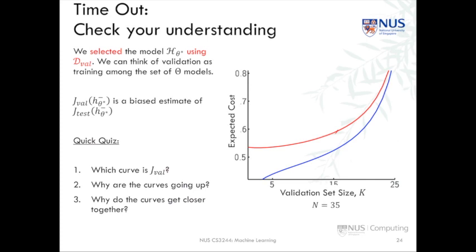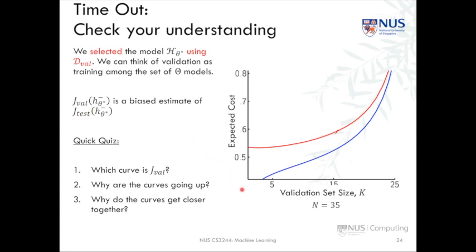Let's check our understanding. So we selected the model theta star, the optimum one, using the validation data set. We can think of validation as training among all of the sets of capital theta models. So we know that the validation cost is actually an optimistically biased estimator of the test cost.